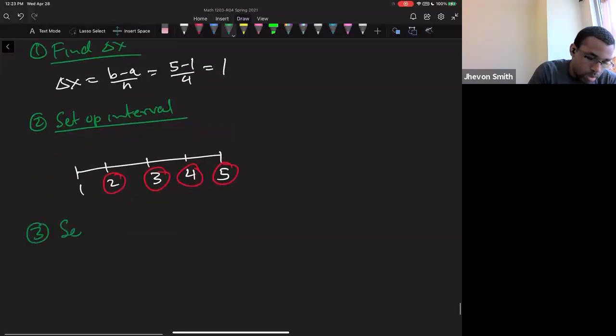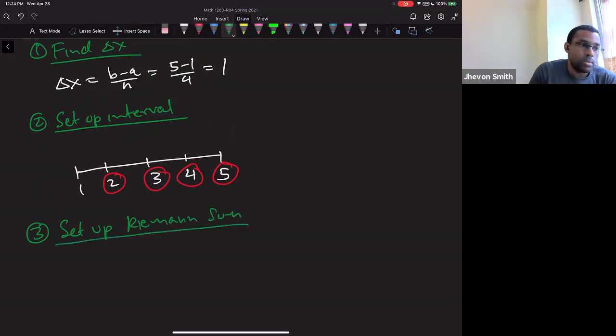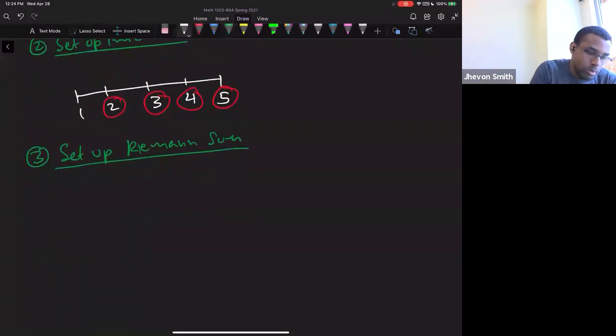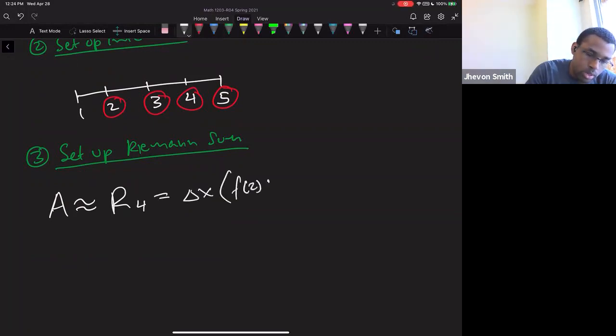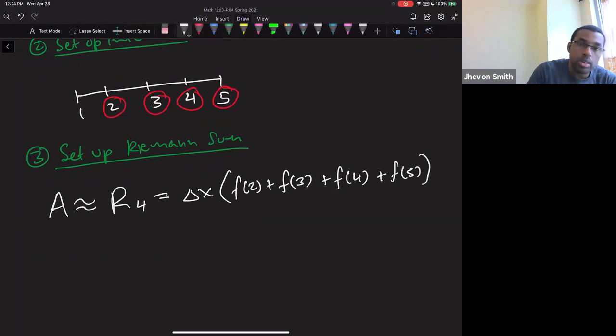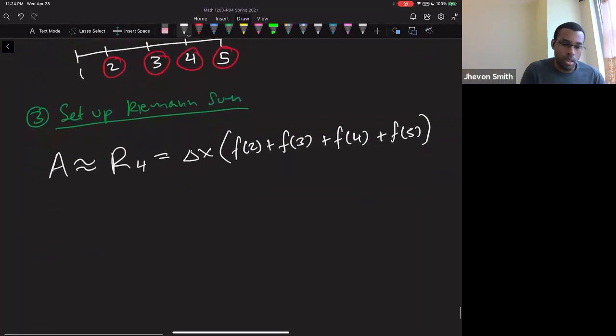Third, I'm going to set up the Riemann sum. So now my area is approximately the right-hand rule approximation with 4. In this case, that's going to be delta x times f of 2 plus f of 3 plus f of 4 plus f of 5. Right, so I choose different y values here. Now, that's 1.